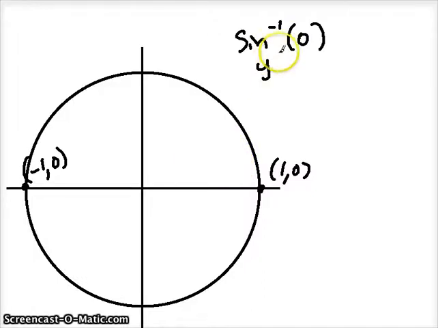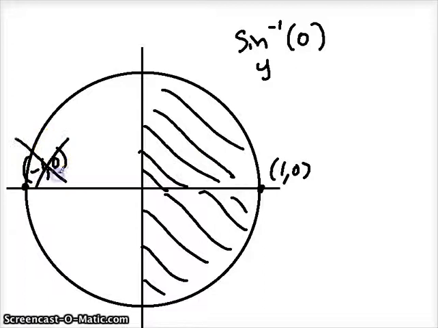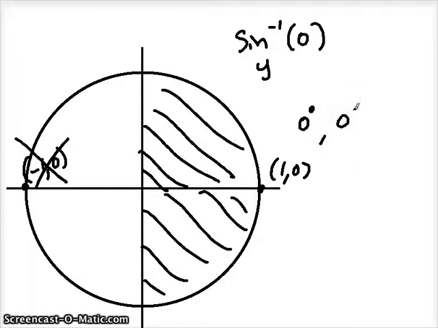But if we think about where inverse sine values can be, they're only in this range here. So we know we're not going to be looking at that one. So the inverse sine of 0 has to correspond with either 0 degrees, 0 radians, or, and this is the trickier part, if we think about a full rotation, we could also end up at 360 degrees or 2 pi.